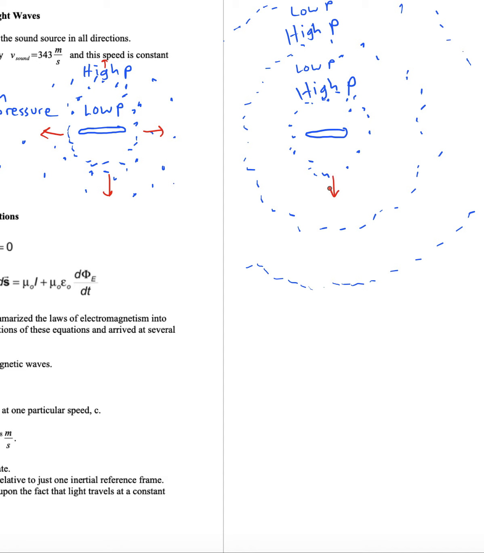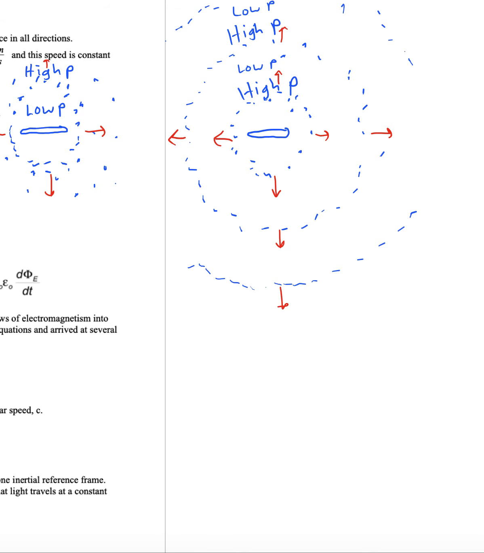And according to the speed of sound being 343 meters per second here, our sound wave will naturally spread out nice and uniformly. So that's an example of a stationary object that's oscillating.